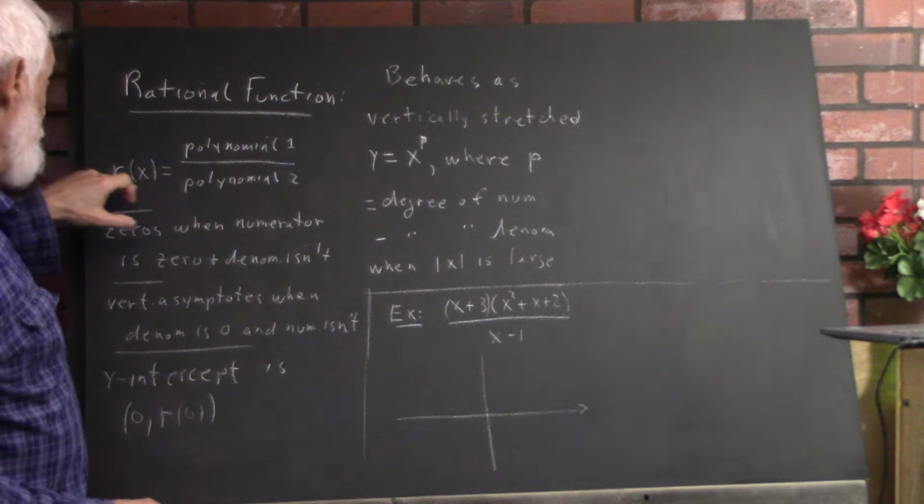Okay? Well, the numerator is 0 when x equals 2.